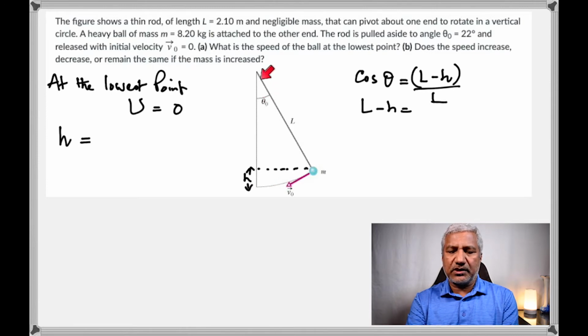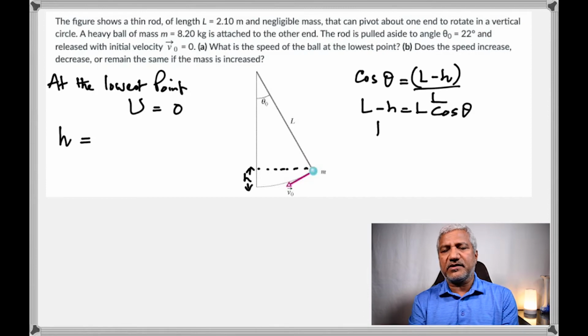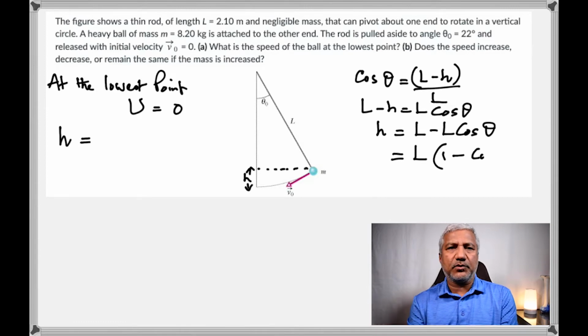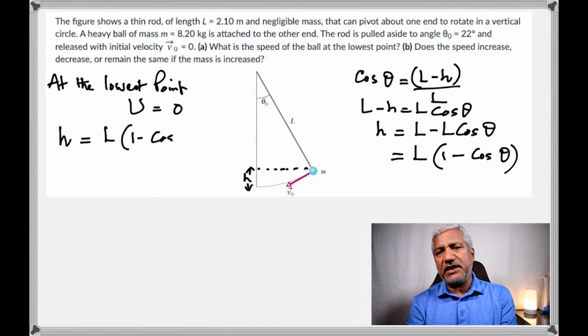So this adjacent side is L minus h divided by L. You can manipulate that and make h the subject to get h is equal to L times (1 minus cosine theta). So we got an expression for height in terms of the length and the angle.